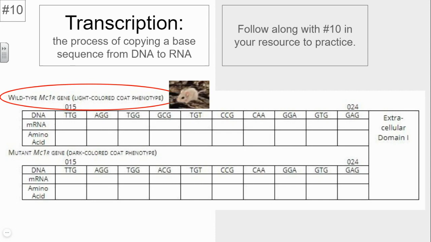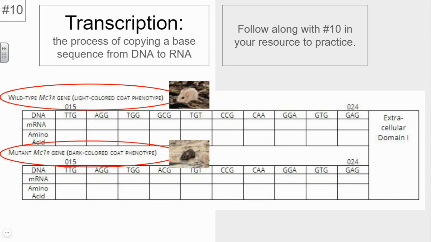The wild-type MC1R gene results in the light-colored coat phenotype, while the mutant MC1R gene results in the dark-colored coat phenotype. The scientists in the video used biological technologies such as polymerase chain reaction, or PCR, to make millions of copies of the rock pocket mice DNA, as well as gel electrophoresis to analyze the sequence of bases.